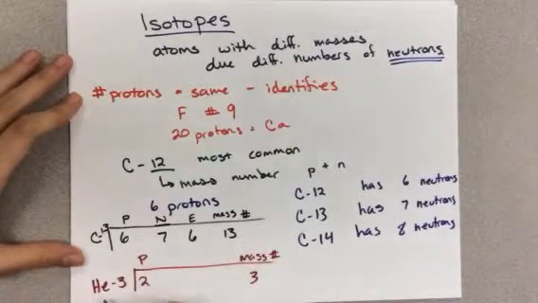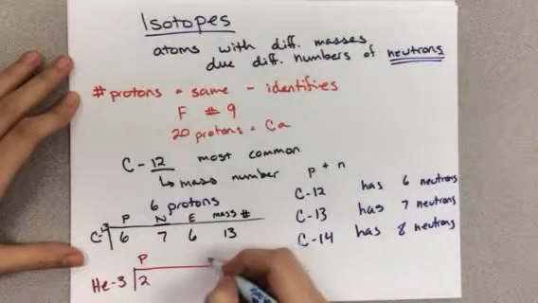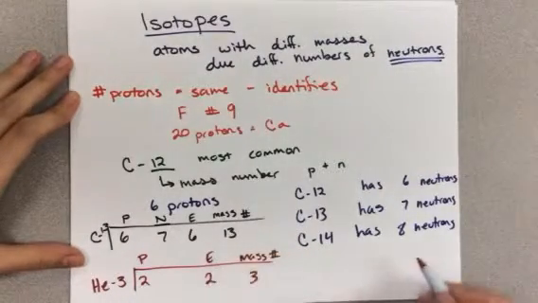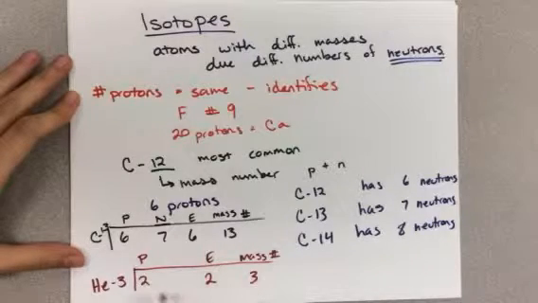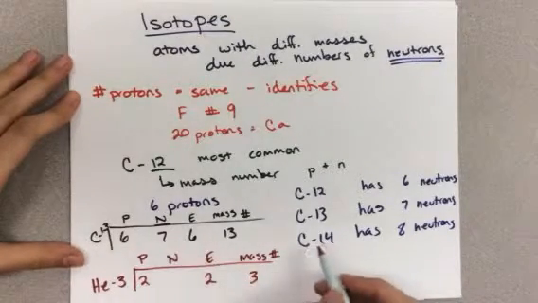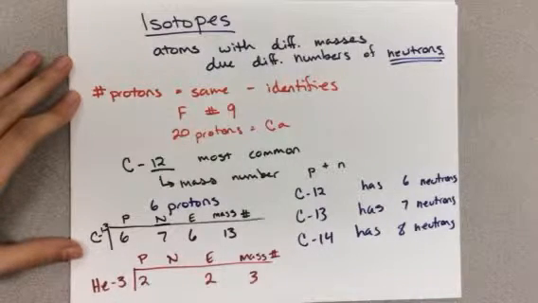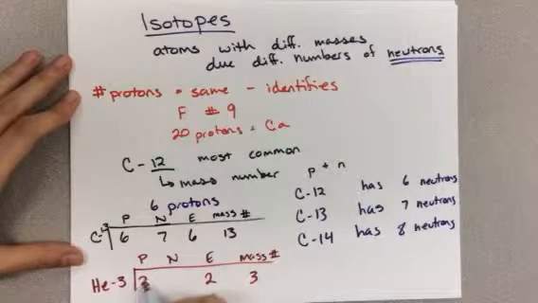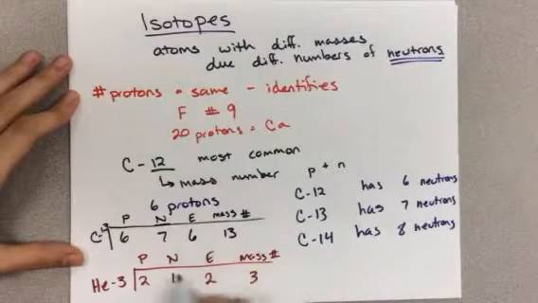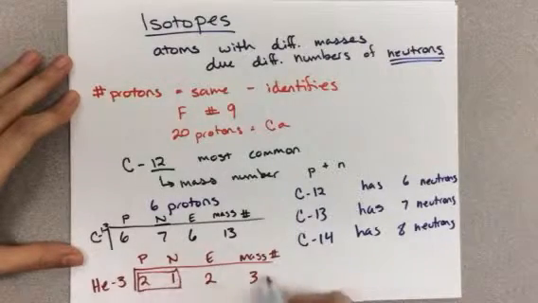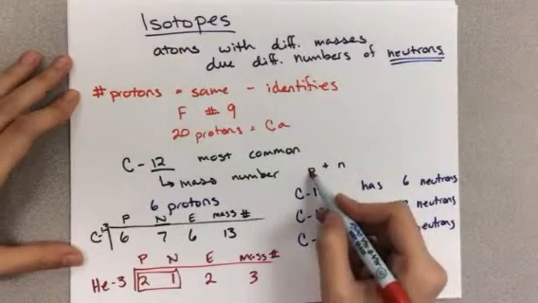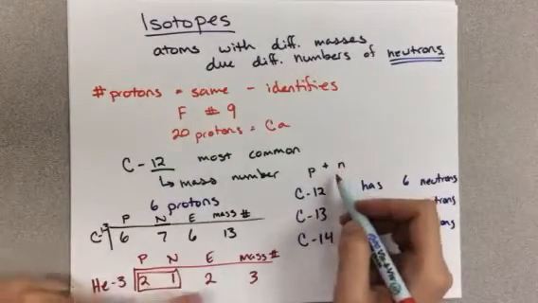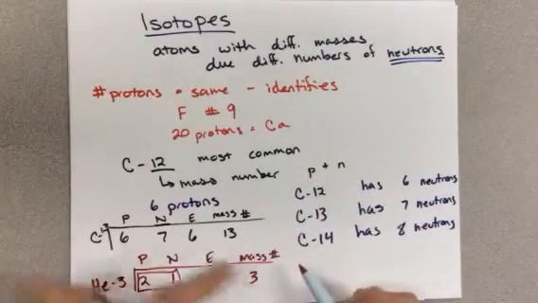And since it's neutral, which it is, I haven't told you otherwise, then the number of electrons must also be 2. So in that case, you need to determine how many neutrons are present in this isotope. The mass number is 3. 3 minus P, the number of protons, 2, is going to be 1. And so you can actually look at this. Is 2 plus 1 equal to 3? Yes. The number of protons plus the number of neutrons is equal to the mass number.